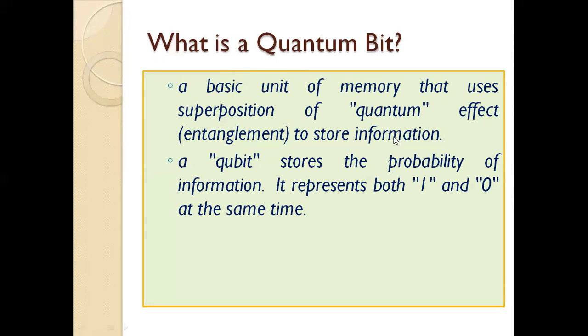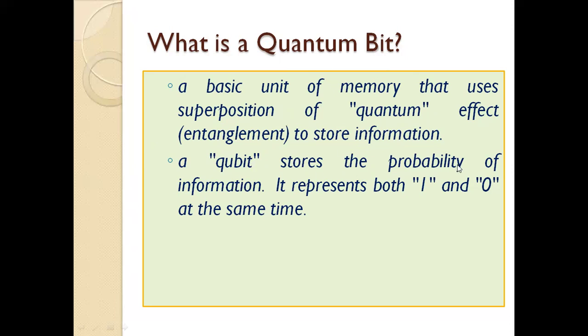Now here the basic unit is qubit. And this basic unit of memory uses superposition of quantum effect, and that is known as entanglement. Remember this term. So what is entanglement? Superposition of quantum effect. Actually it is a kind of mixing, right? So superposition of quantum effect, entanglement, to store information.